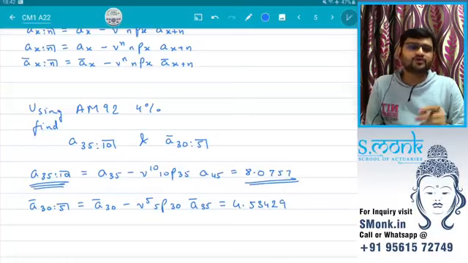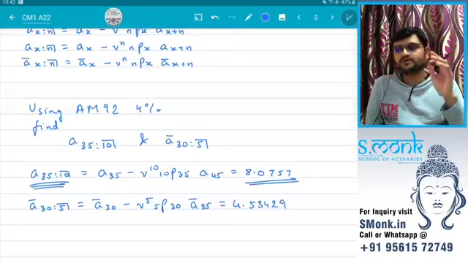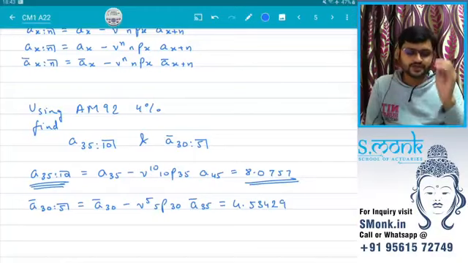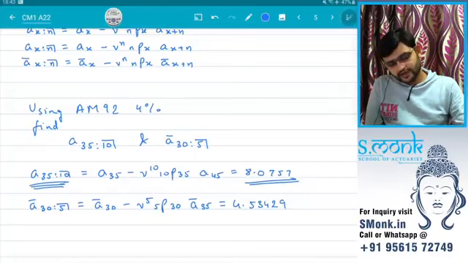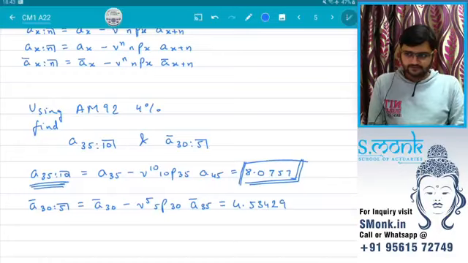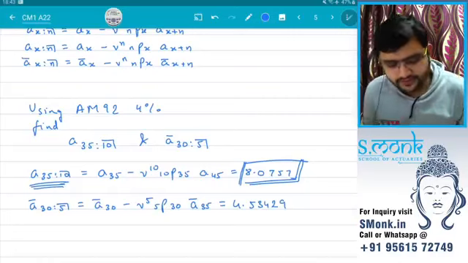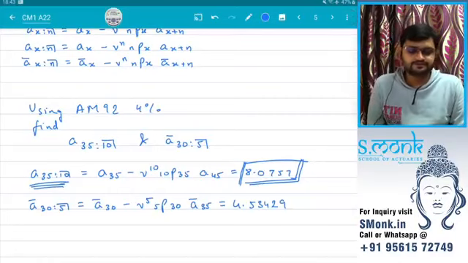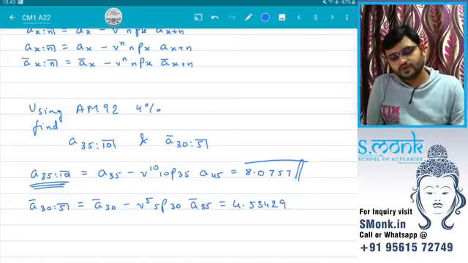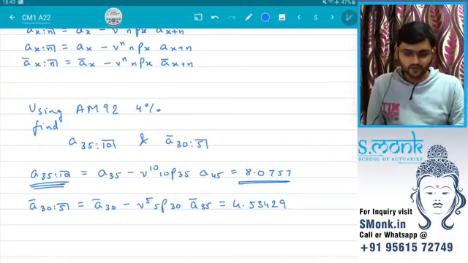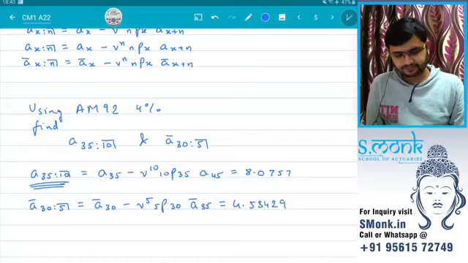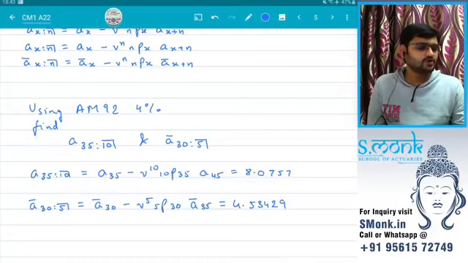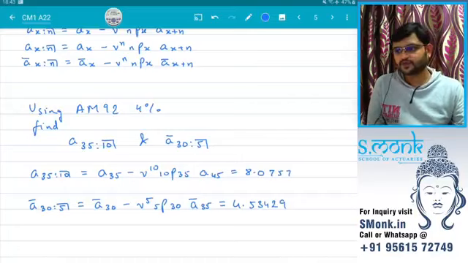Let's say I'm talking about zero profit, zero loss, assuming this is exactly what would happen. This is the cost of that policy that I will keep. So to buy a 10-year annuity, this is the amount a 35-year-old would pay. We are actually calculating how much it would cost the company.